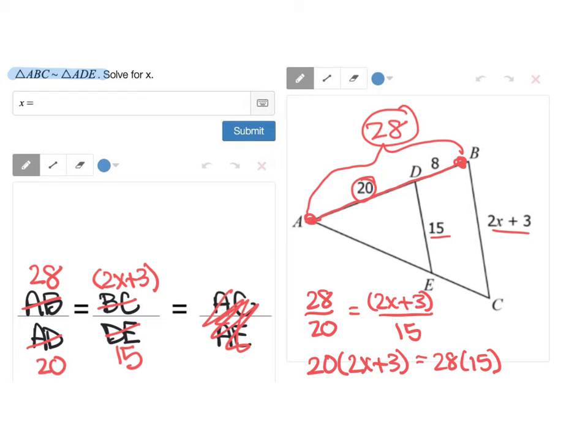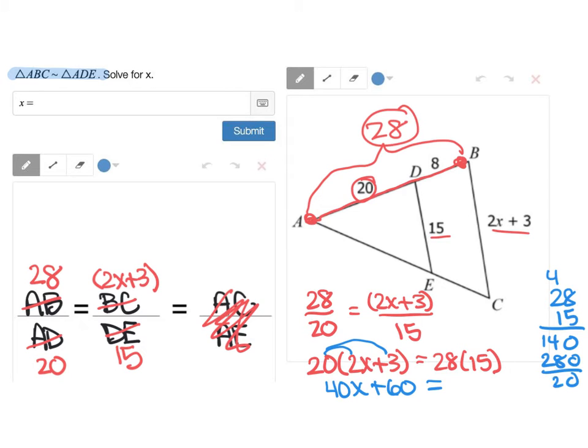Big thing here, make sure you distribute the 20 to everything. So 40x plus 60 should equal, let me do some quick math again. 14 times 30... so 420.